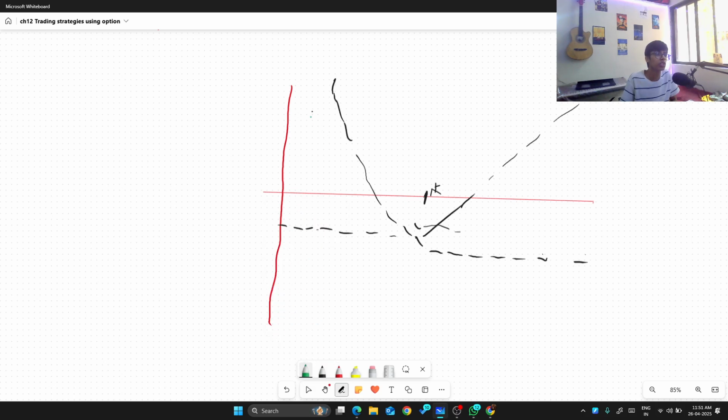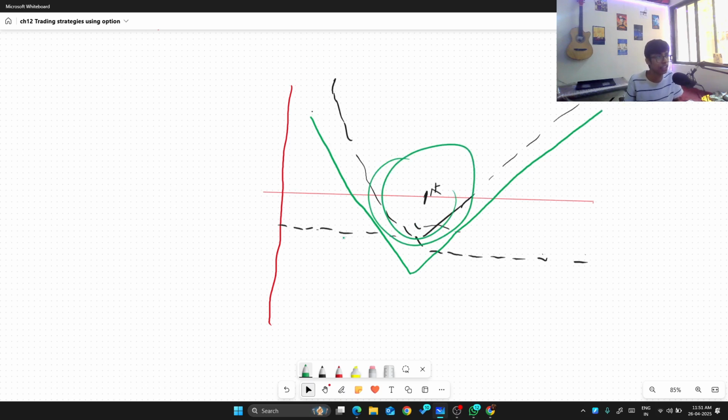The final portfolio strategy would be like this. If the market is near K, then we will have a huge loss, and if there is an extreme movement, we will earn money from both sides. So that's the case. It is way riskier.